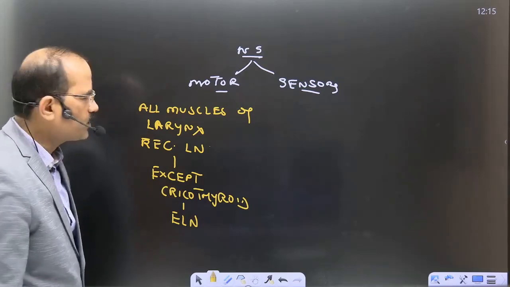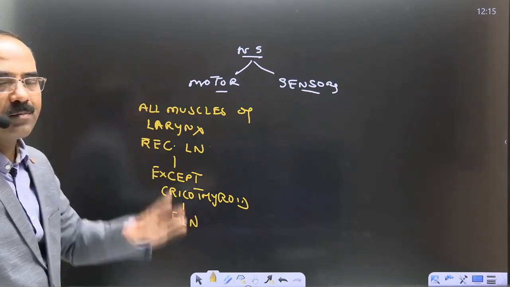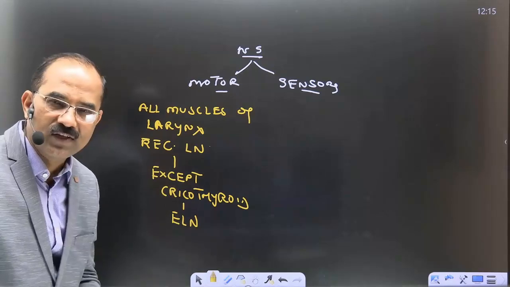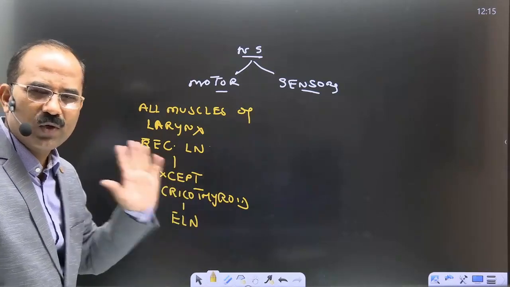Clear? So all the muscles of the larynx are supplied by recurrent laryngeal nerve except cricothyroid, which is supplied by external laryngeal nerve, which is a tensor of the vocal cords.